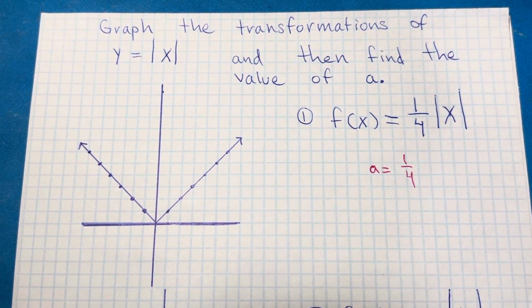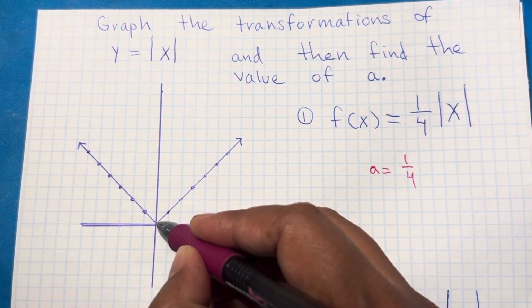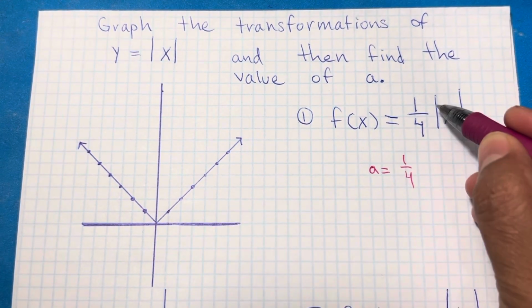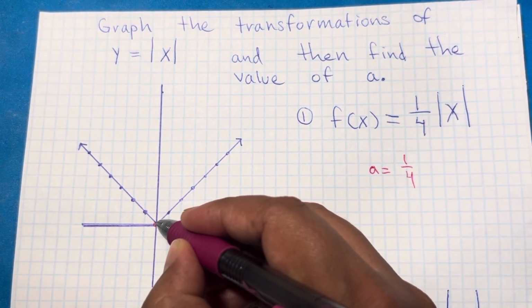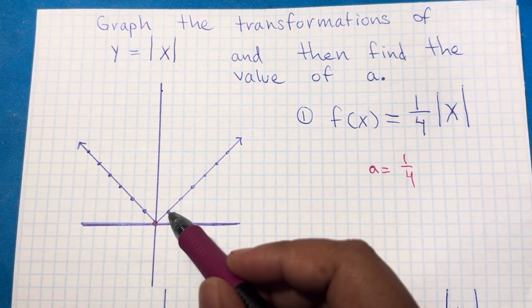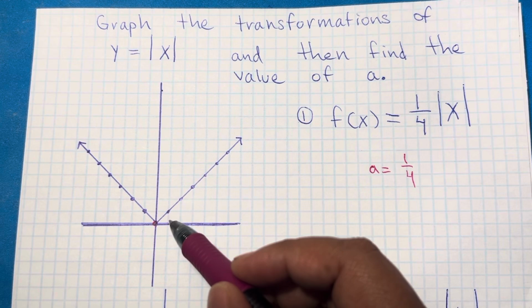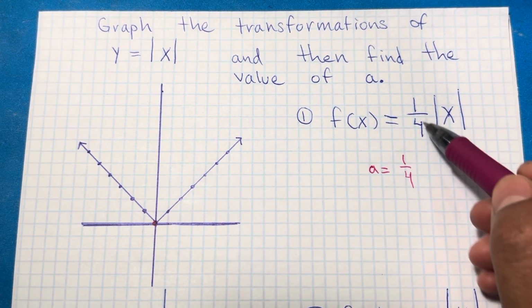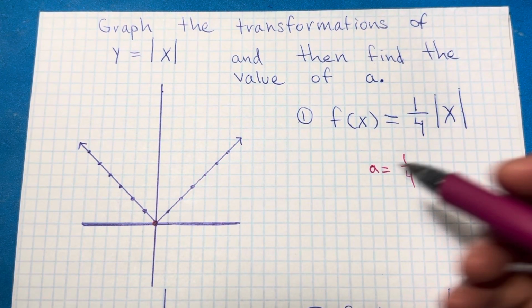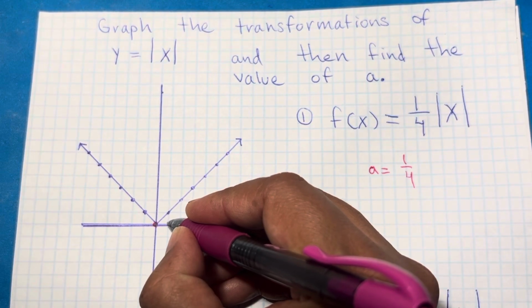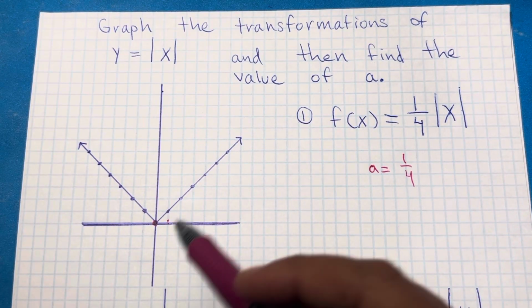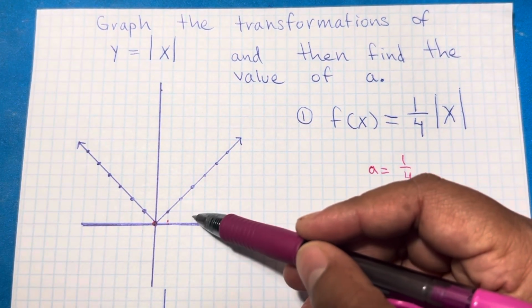So here the value of y is 0. 0 times 1/4 is 0, so it stays there. Then for this point, the value of y is 1. 1 times 1 is 1, divided by 4 is 0.25, so it's around there. In a minute I'll show you a trick so that you don't have to find these points.